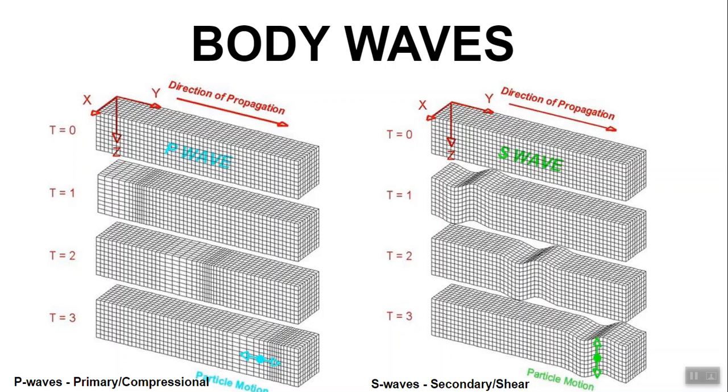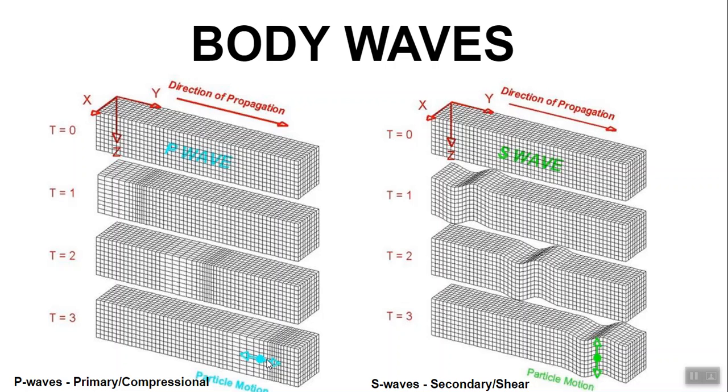All right, so number 17, which body wave moves the rock in a forward and backward motion by compressing the solid material? So if we look at the particle motion over here, the blue, like a slinky moves, if you guys know what a slinky is, the compressional wave, the P wave, is the one that is compressional and material moves back and forth.